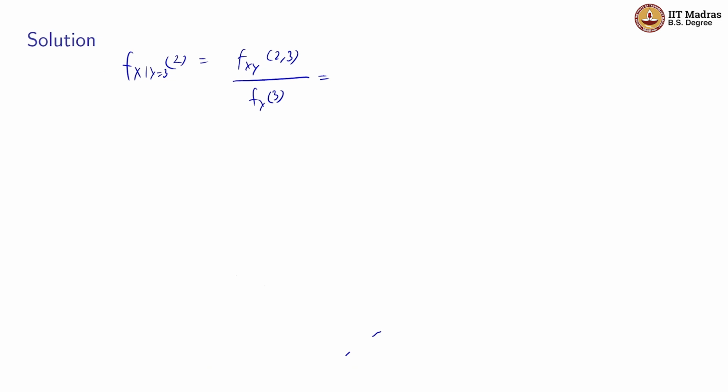And from the table, the joint probability that x is equal to 2 and y is equal to 3 is equal to 0.05, and the marginal is equal to 0 plus 0.05. So this is equal to 1, and this is our required answer.